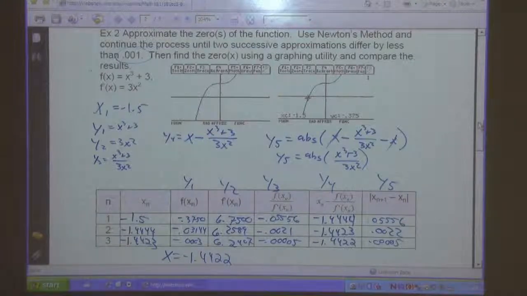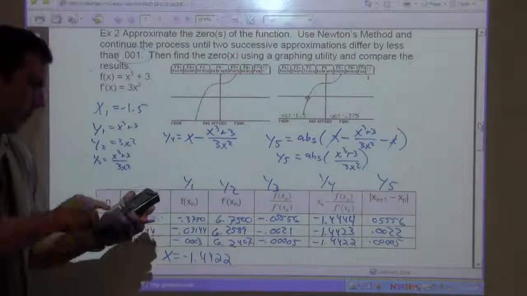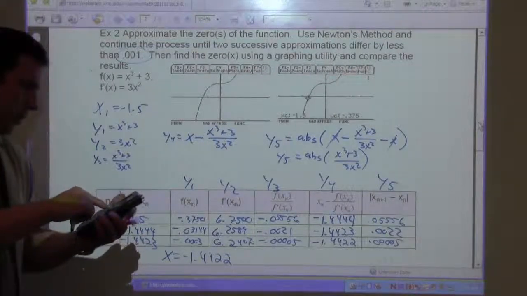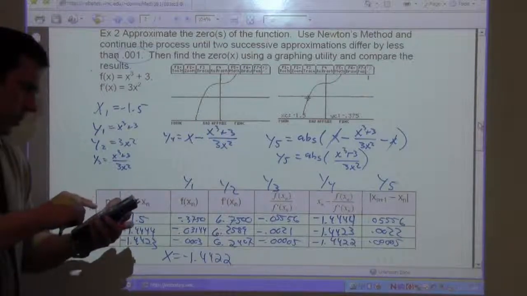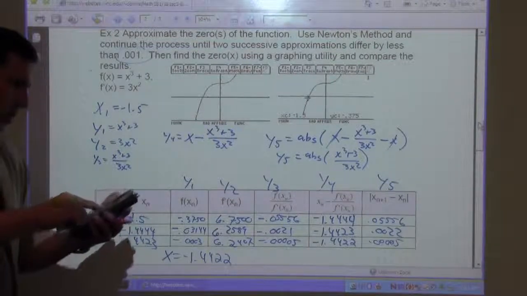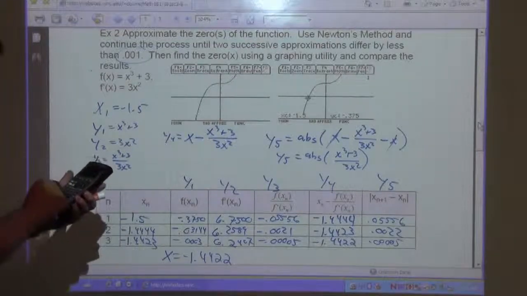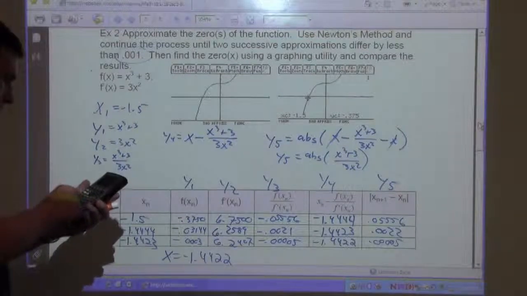Now I put it in my handy dandy calculator, and I say, okay, find me a 0. F2 on my calculator, find me a 0 for x cubed plus 3, comma, for x.